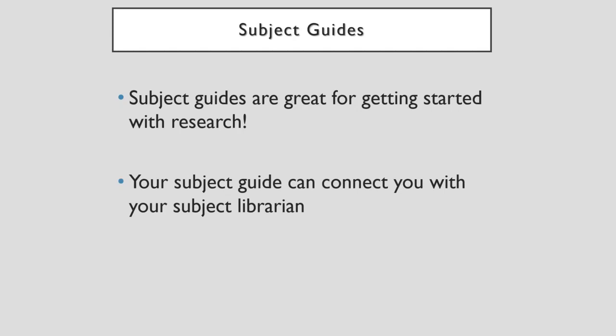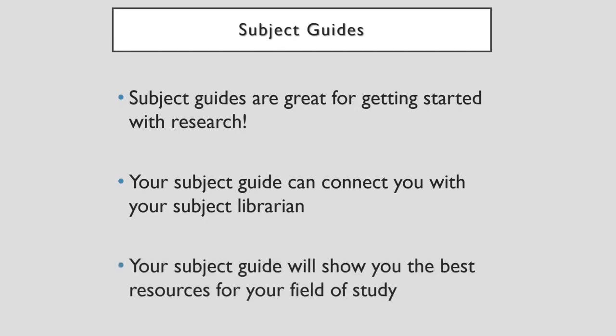So if you are going to be a student of economics or of computer science, then you have a specific subject guide for that area of study, and you have a specific subject librarian as well. So all librarians are responsible for different subject areas offered at the university. Your subject guide will show you the very best resources for your particular field of study.